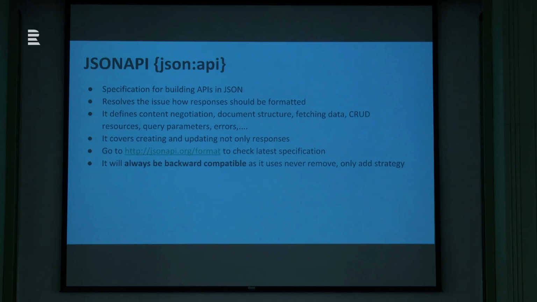We are getting now to the JSON API I spoke about earlier. So what is exactly JSON API? JSON API is not just Drupal related. It's a specification for building APIs in JSON.